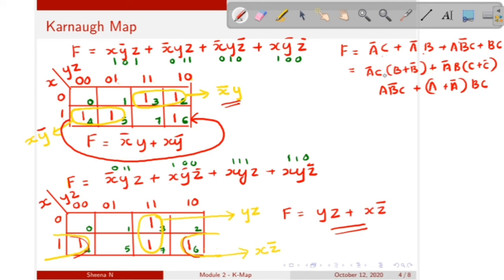When you expand this, you get a bar b c, a b bar c, a bar b c bar, a b c and so on. So we can draw the K map.